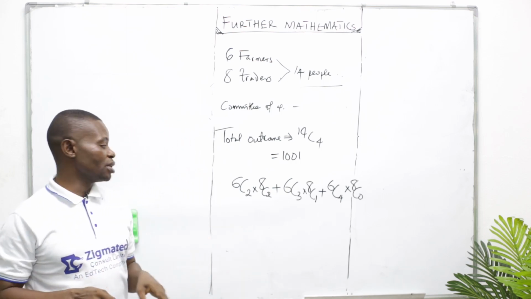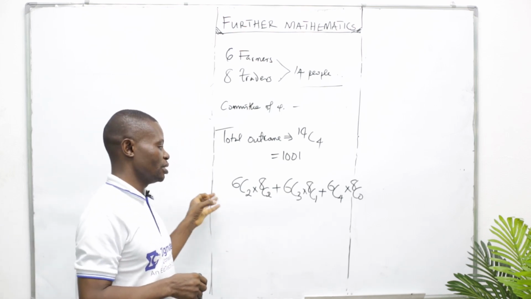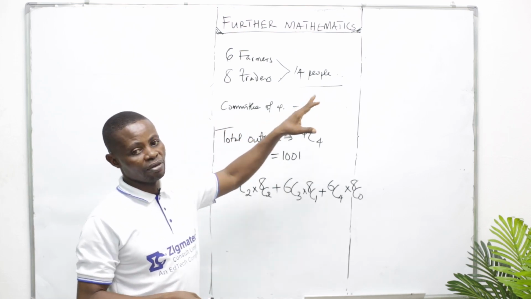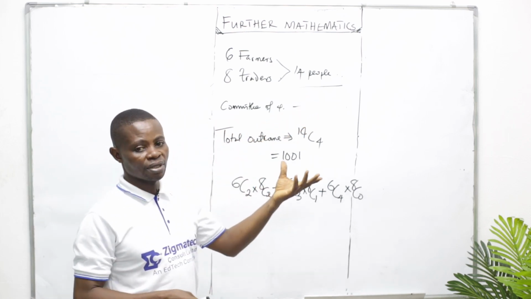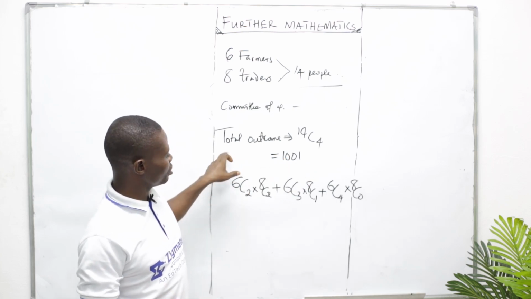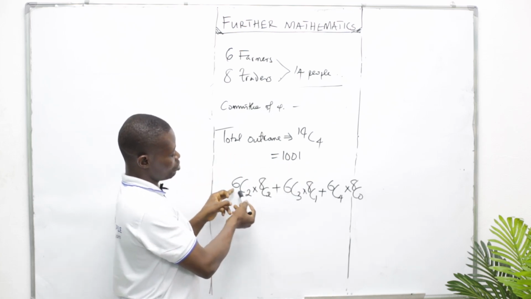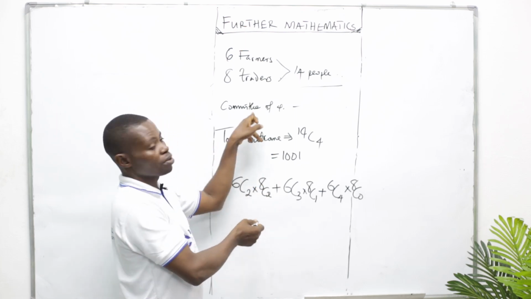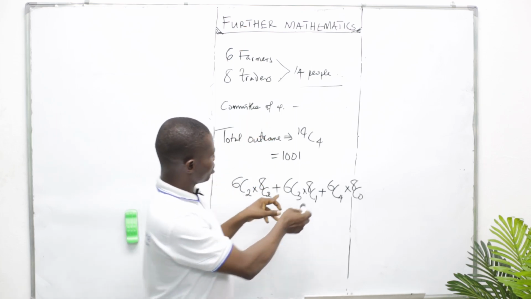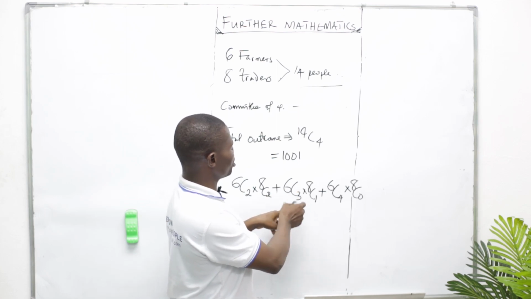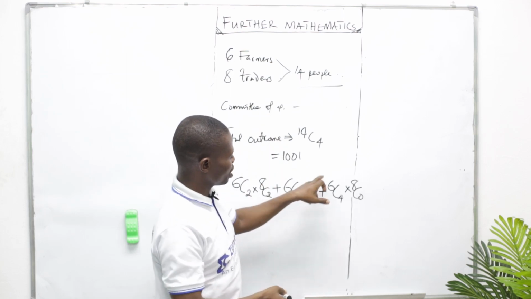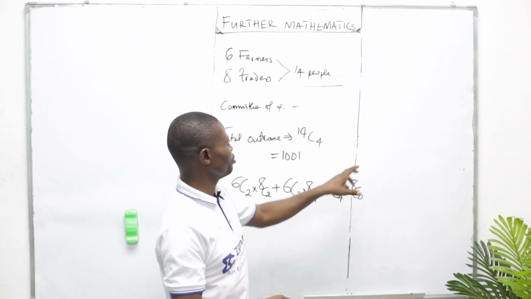There is something you consider in this type of probability. It's a technical one. Consider the number of committees you have. We have a committee of 4. See, 6 combination 2, 8 combination 2: 2 plus 2, 4. Balance. 6 combination 3, 8 combination 1: 3 plus 1, 4. Then 6 combination 4: 4 plus 0, 4.